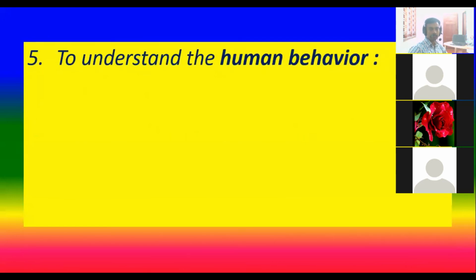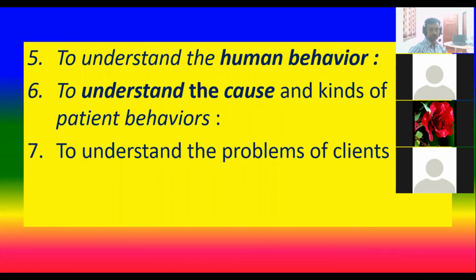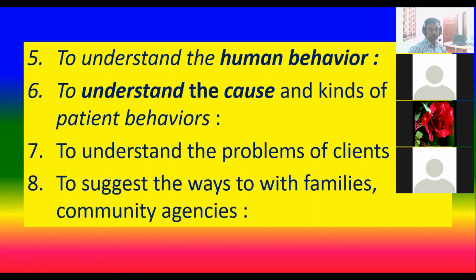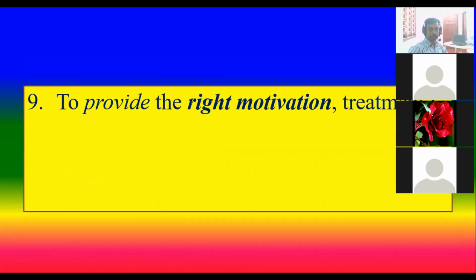Five, understand human behavior. Six, important to understand the cause of behavior, types of behavior. Seven, understand problems of client. Eight, suggest the ways. Ways means directions given. Nine, right motivation, treatment.